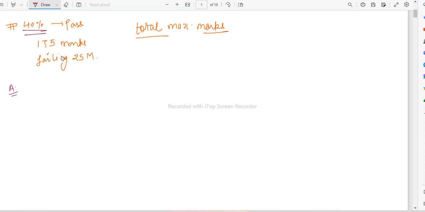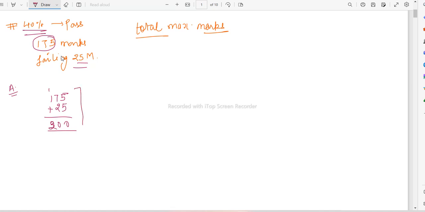If you have been given 40% as the passing marks, and the candidate is obtaining 175 marks and is failing by 25 marks, that means if he would have got 25 marks more, he would have got 200. Then he would have passed the exam.